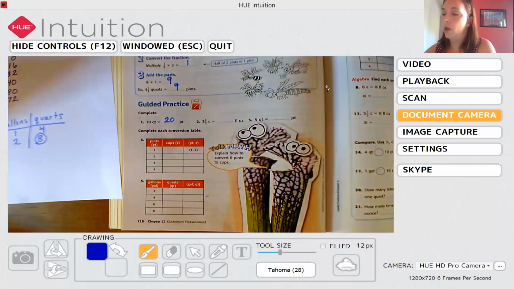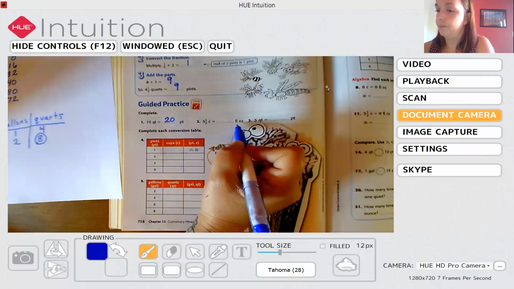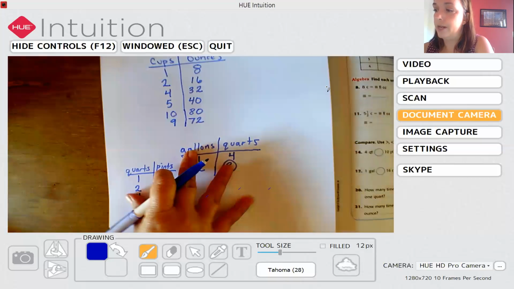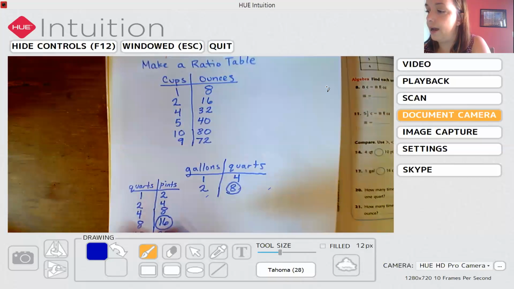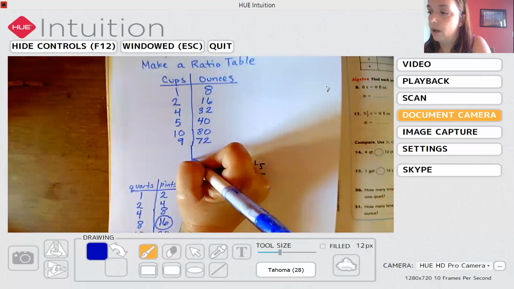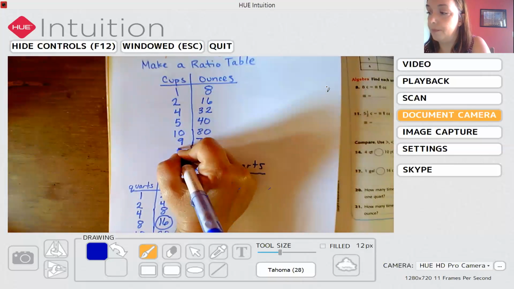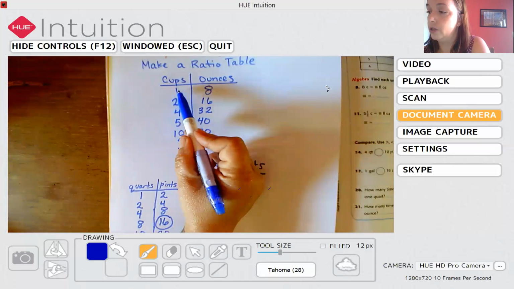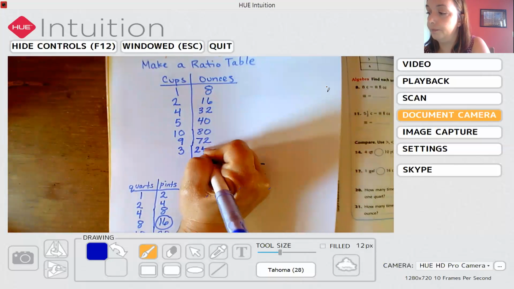All right. 3.5 cups equals how many fluid ounces? I'm going to go over to my ratio table that I started with here. I need to find 3.5. First I'm going to find 3, by going 2 plus 1 is 3. So 16 plus 8 is 24, right?